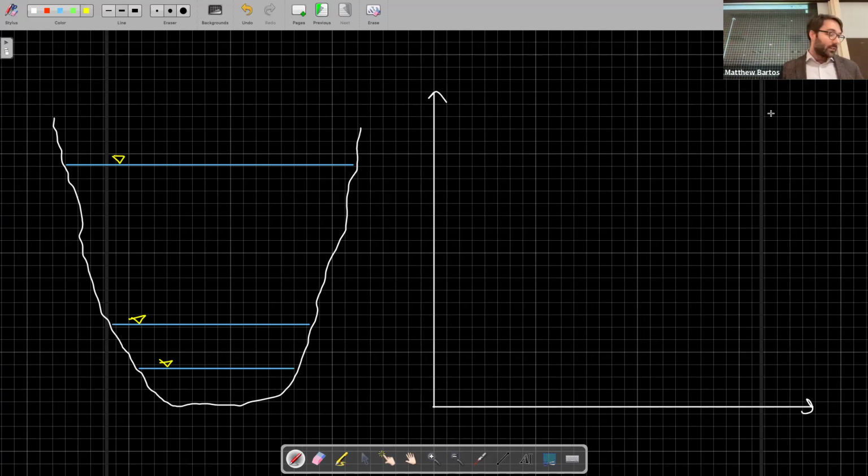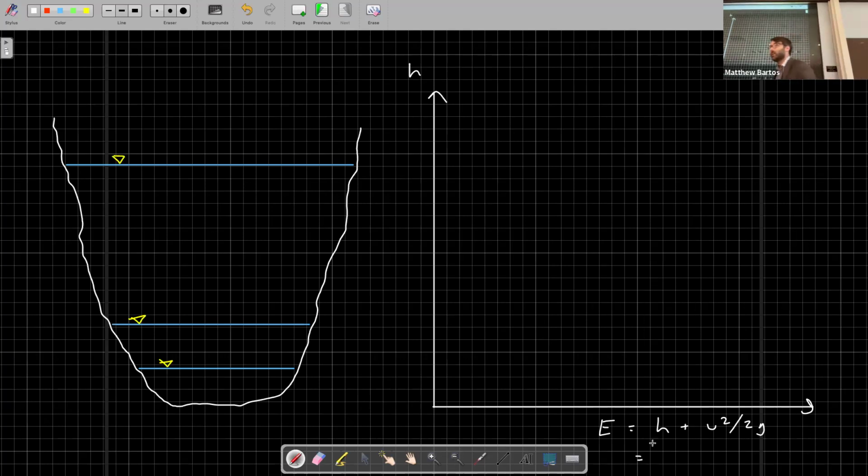And for a given discharge, we can draw the specific energy curve corresponding to each of these different depths, okay, as the depth varies from the bottom of the channel to the top. So in this graph here, we're going to be graphing the depth of water on the y-axis. And on the x-axis, we are going to be graphing the specific energy, which is equal to h plus u squared over 2g.